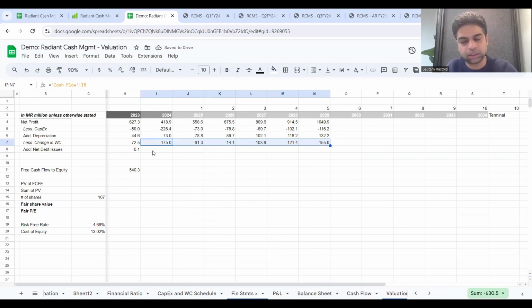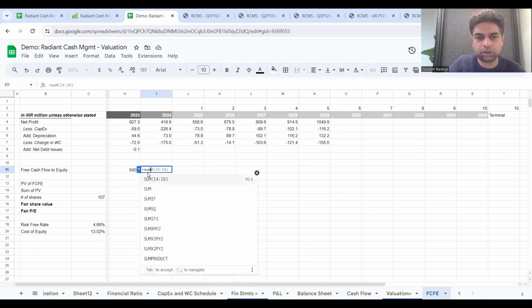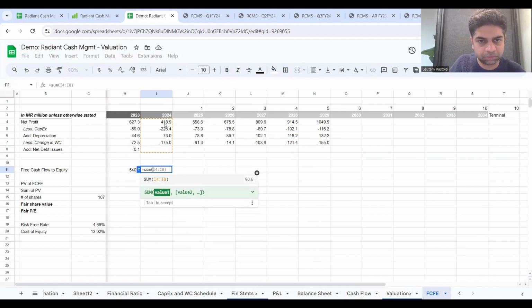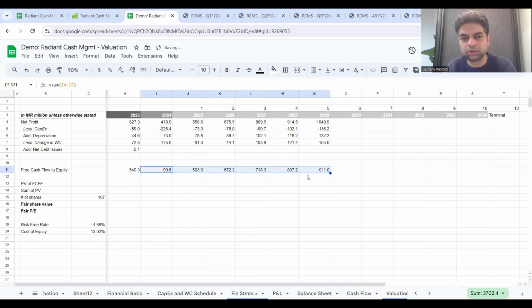There is no net debt. We have not really modeled any new debt issuance, so let's leave debt. So free cash flow to equity is just a sum of all these parameters above. Let's drag it. If you see, 540 was the free cash flow to equity in FY23.